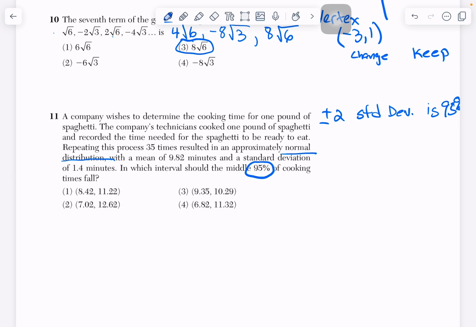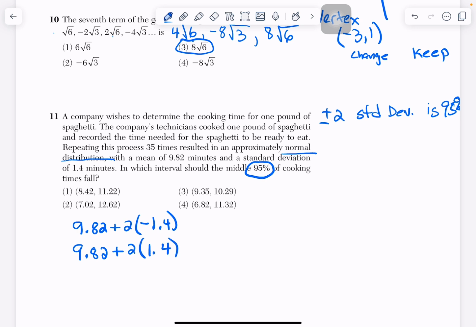Okay, so this is nothing more than this. If they give you the mean and the standard deviation, and they ask what's within 95% of the data, it's nothing more than taking the mean and adding 2 times the negative standard deviation, and taking the mean and adding 2 times the positive standard deviation, because in this 2 standard deviations, this is 1 standard deviation in each direction.